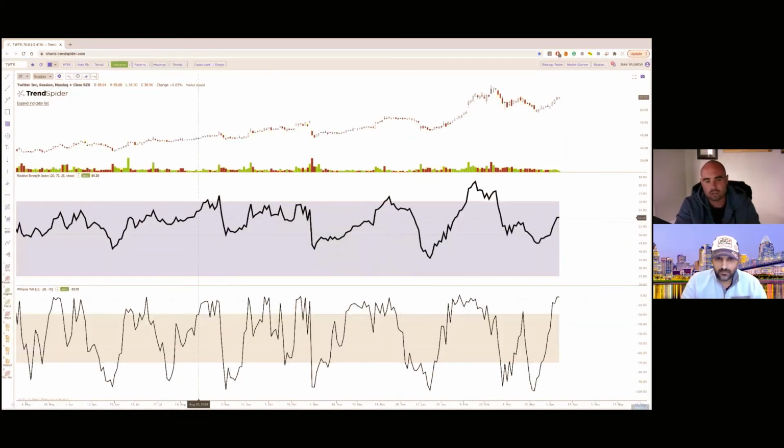Now on the RSI for Twitter, notice that the RSI 20 never gets below even really 35. So this is where you can kind of use the RSI and the percent range together.